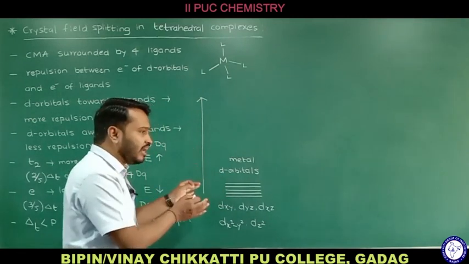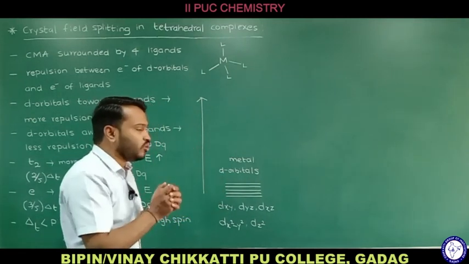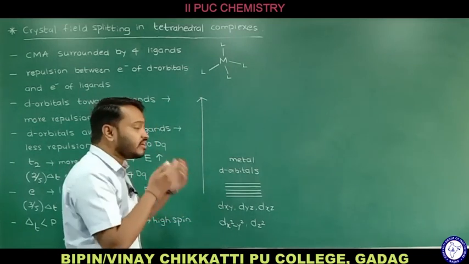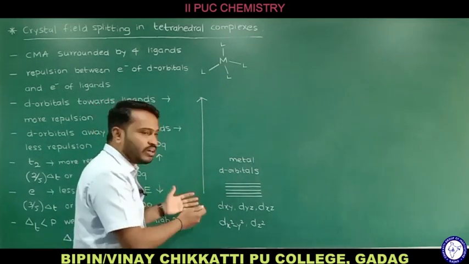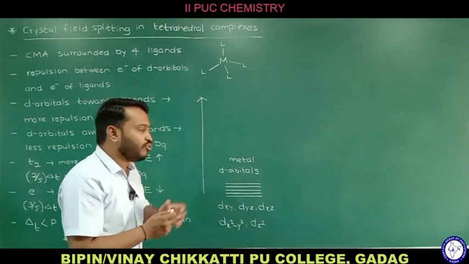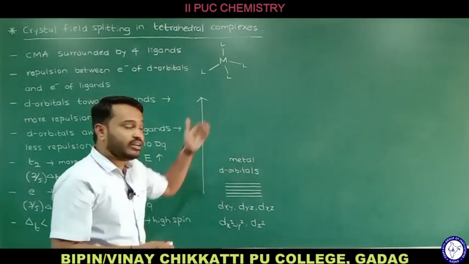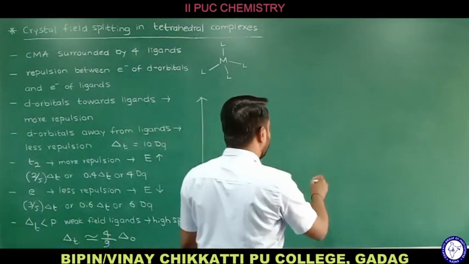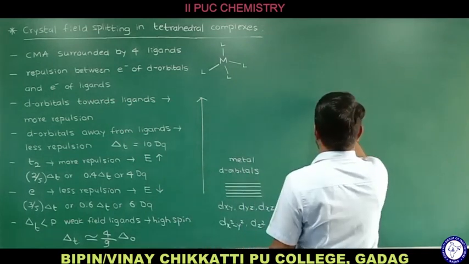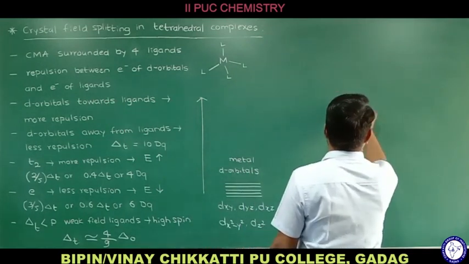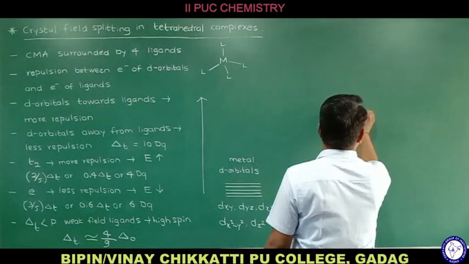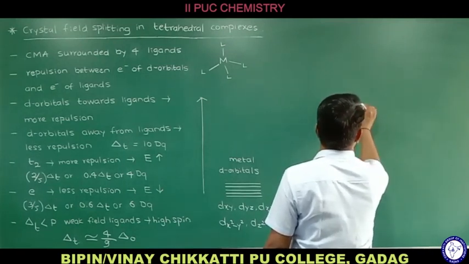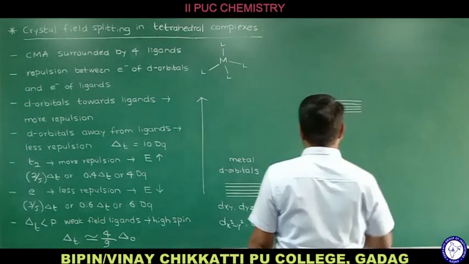When the central metal atom approaches the ligand, there is an interaction between the central metal atom and the ligand, therefore the energy is lifted up. So I am supposed to draw a higher energy level here. I draw 5 lines that represent the higher energy level, and this is the average energy level.